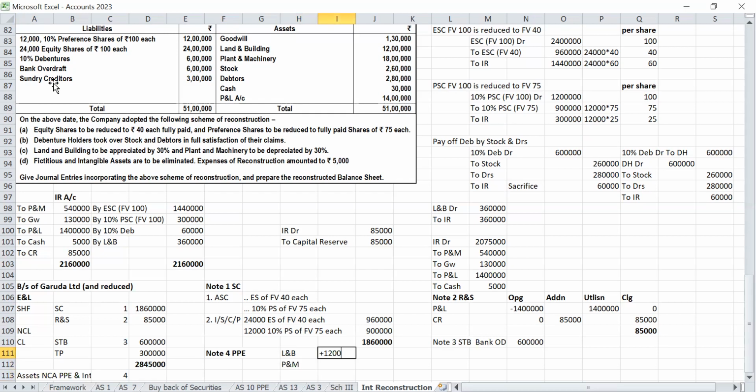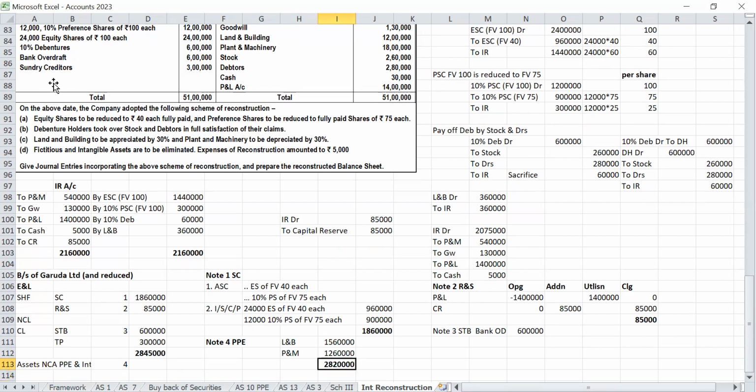Land and building already 12 lakh plus appreciation 3 lakh 60. Plant and machinery 18 lakh minus 5 lakh 40,000. So total 20 lakh 20,000.